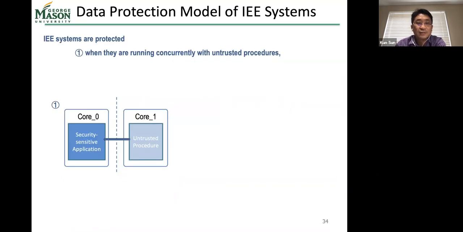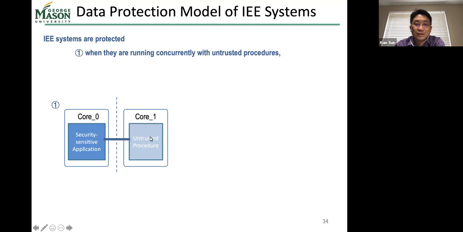So here, for this one, we perform a study to see what should be guaranteed to protect this IEE's data. One thing is, when the IEE is running on one core, another core may run some untrusted procedure.